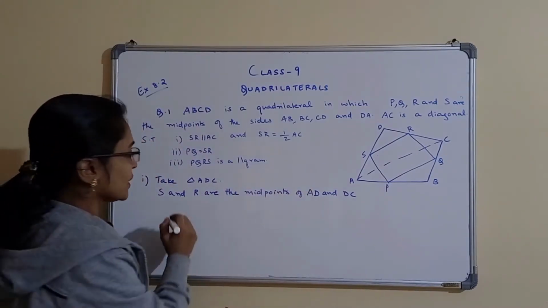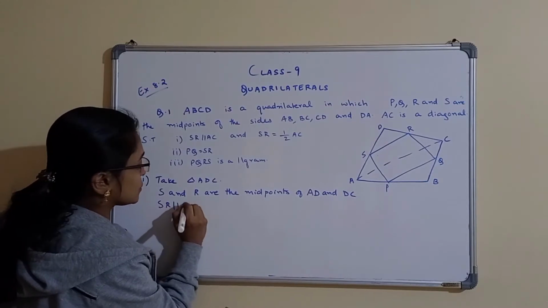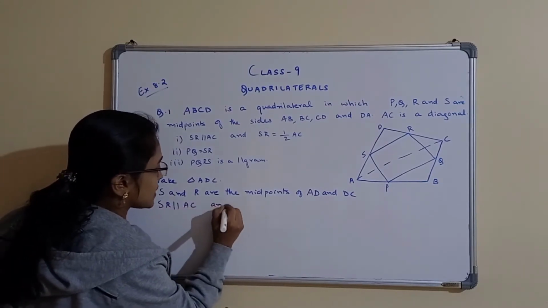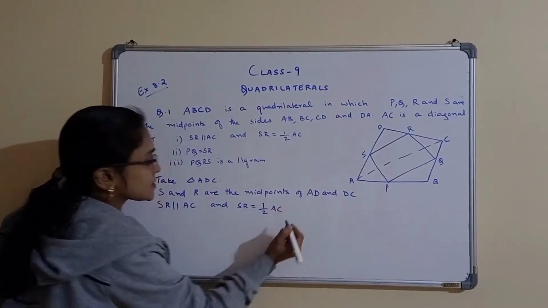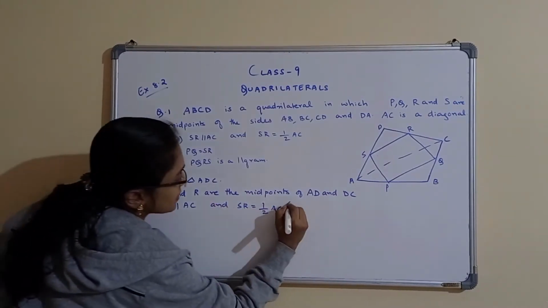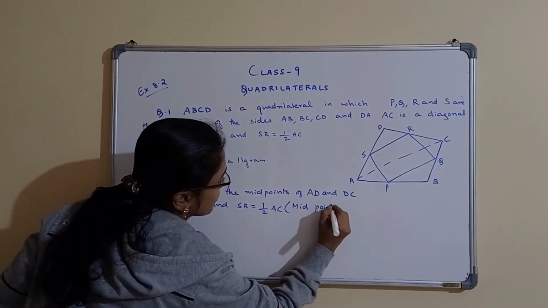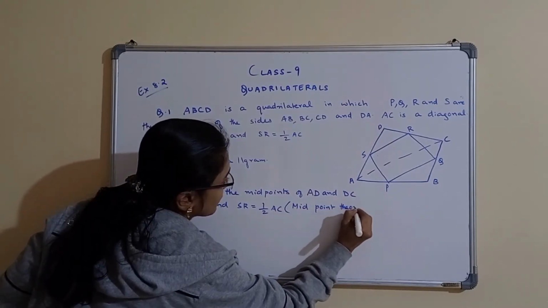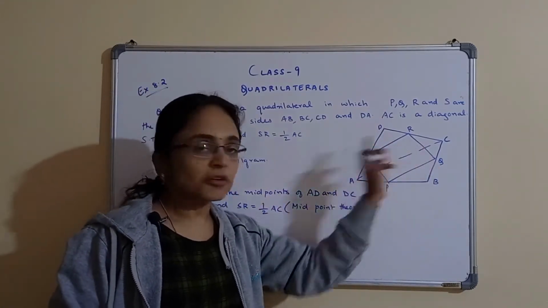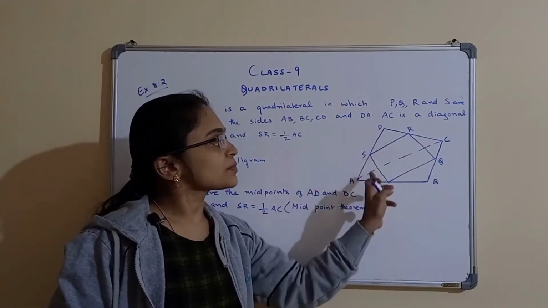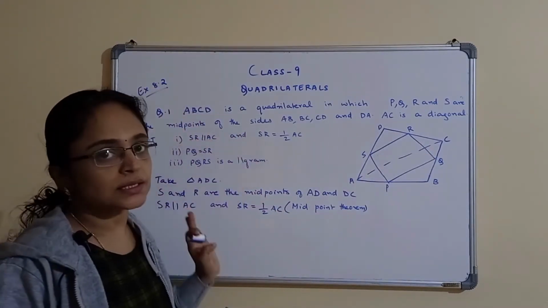So, by midpoint theorem, SR is parallel to AC and SR is equal to half of AC. So, we can write the reason here as midpoint theorem. Okay. So, we got that SR is equal to half of AC and SR is parallel to AC. So, this part is proved.